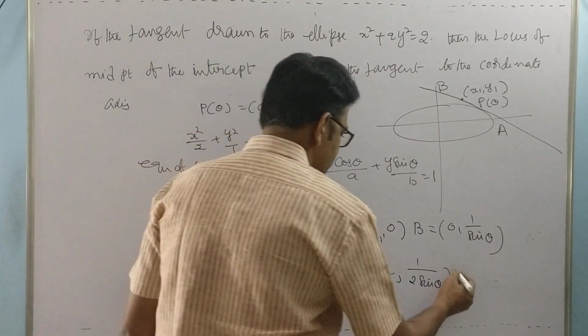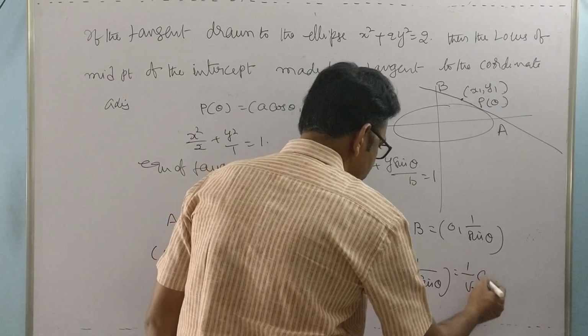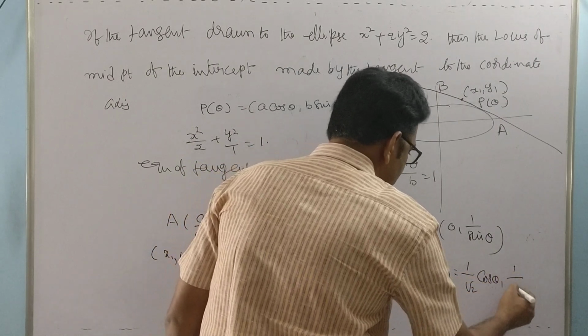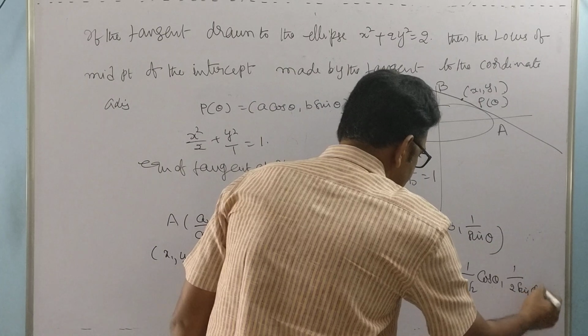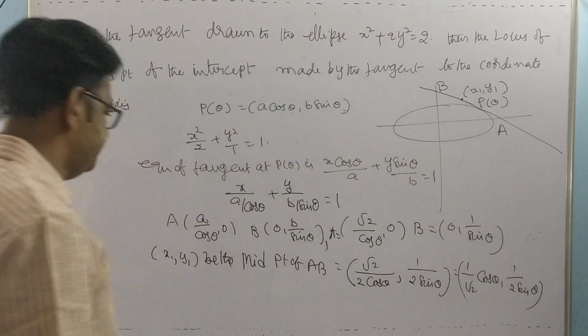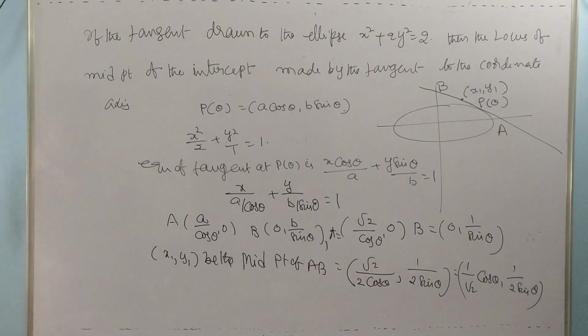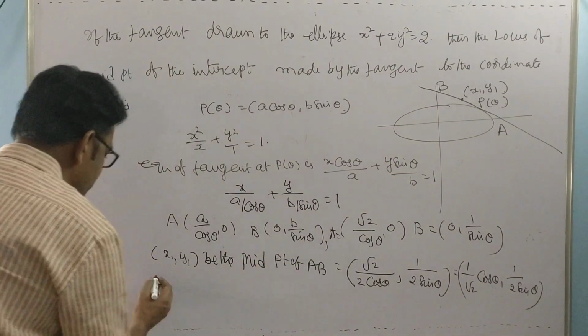That is equal to 1 by root 2 cos theta, comma 1 by 2 sin theta. So this is the midpoint. By eliminating theta you get the locus.